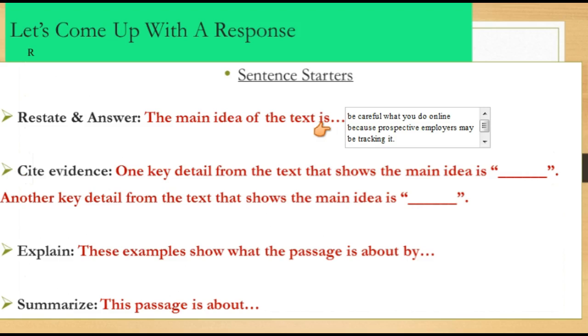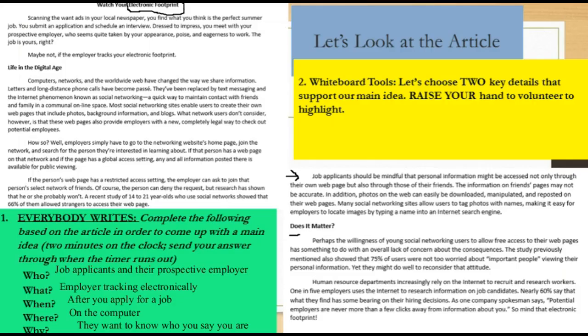This is the part where you have to go back into the text and find the evidence that is showing the reader of your constructed response that the answer is, be careful what you do online because prospective employers may be tracking it. So let's go back into the text and find some information. You have to reread and find those citations. Let's highlight when we see something that could possibly be evidence showing us that prospective employers are going to be tracking our electronic footprint.